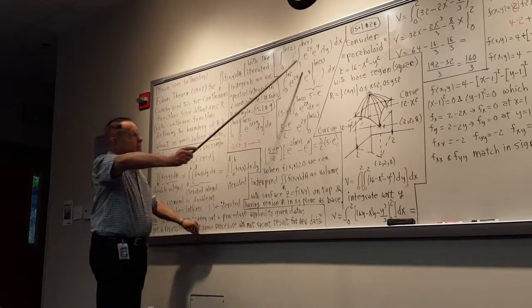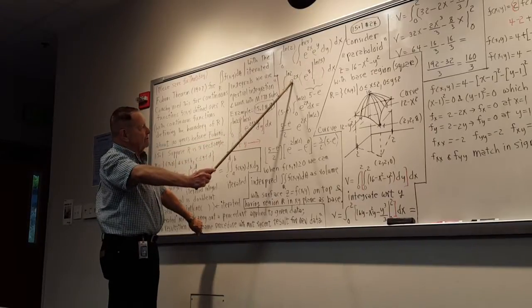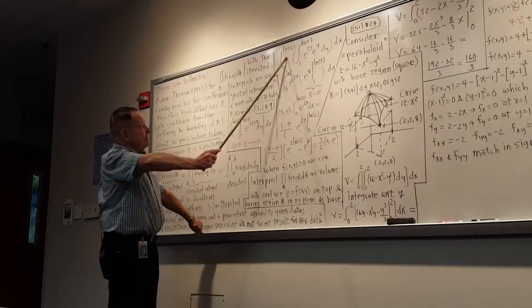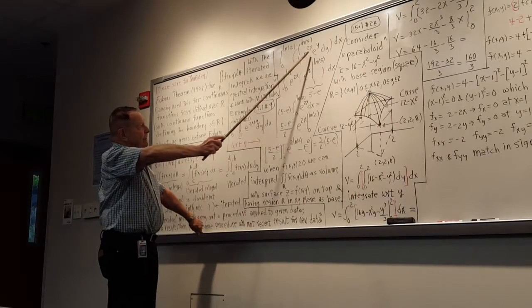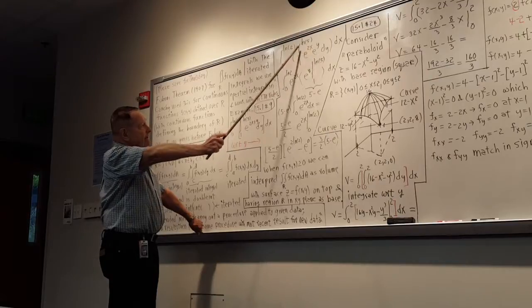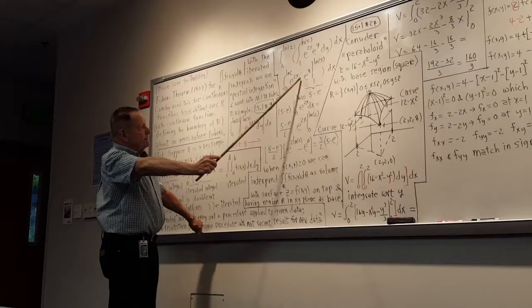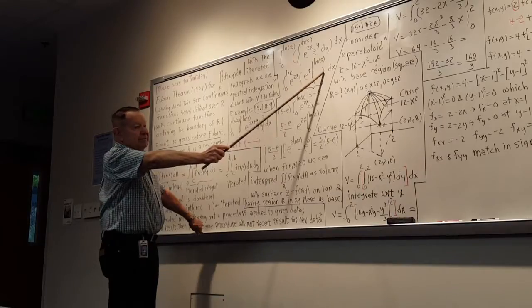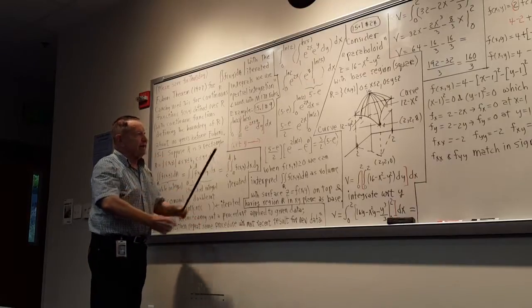So then you can essentially move the e to the 2x from here across over into there, and just look at e to the y between the limits on y. So this is what I'm trying to indicate as what you're doing in your mind.